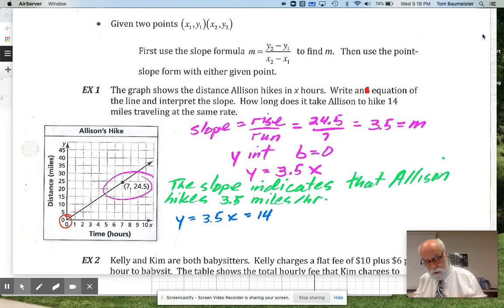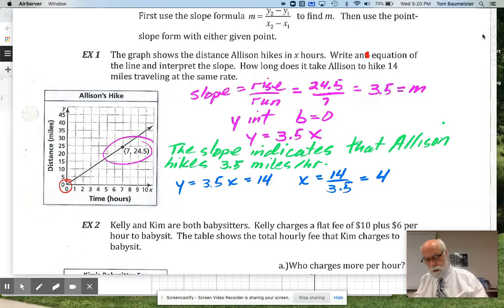So if our y is equal to 14, how am I going to get x by itself? You're going to tell me I'm going to divide both sides by 3.5. And that would give us 4, if you worked it out. And 4, well, the x direction is hours. So you should have 4 hours. And there's your final answer for that.